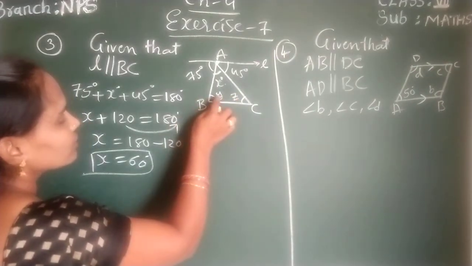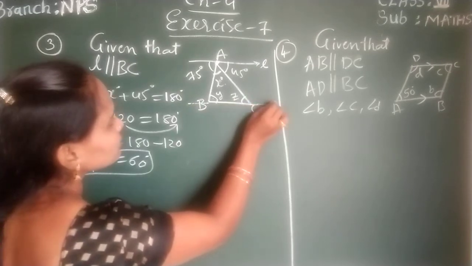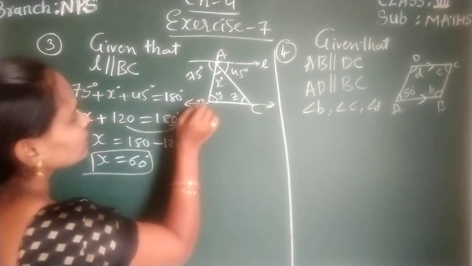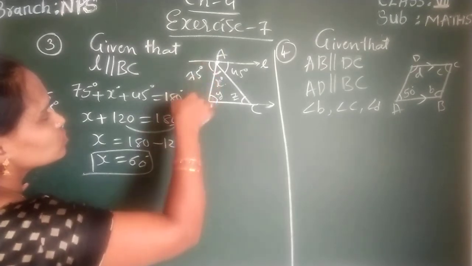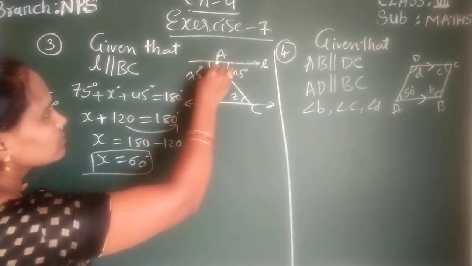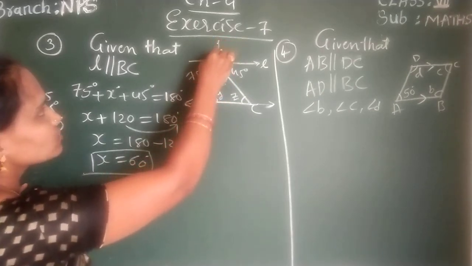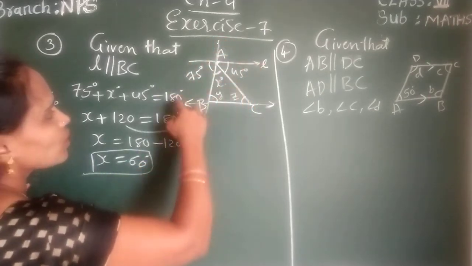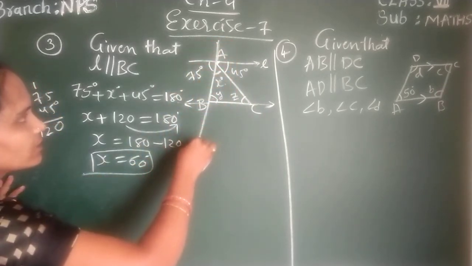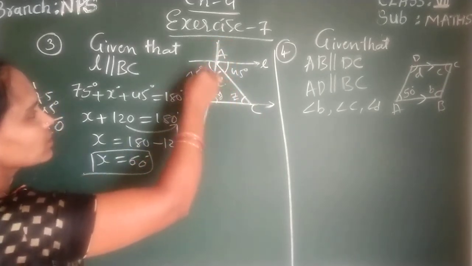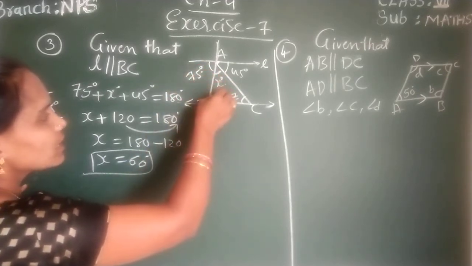While finding y, see, we can extend this BC line like this. If you extend it, these two are parallel lines, and this line is a transversal. Now see these two angles, alternate interior angles are equal.